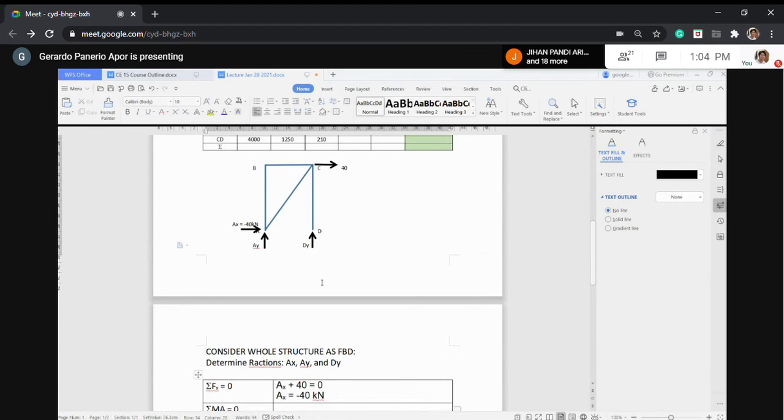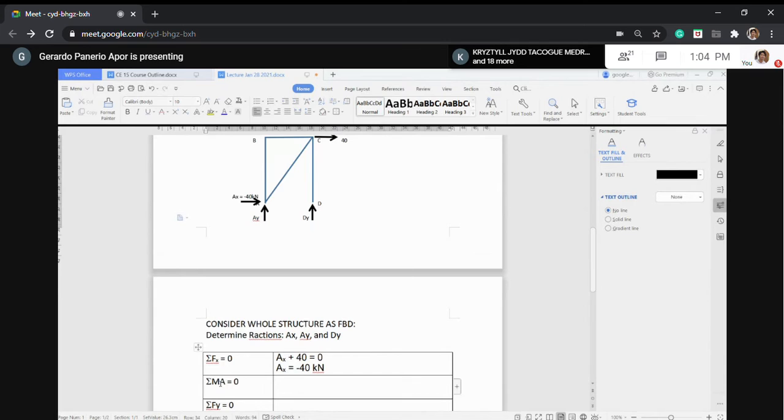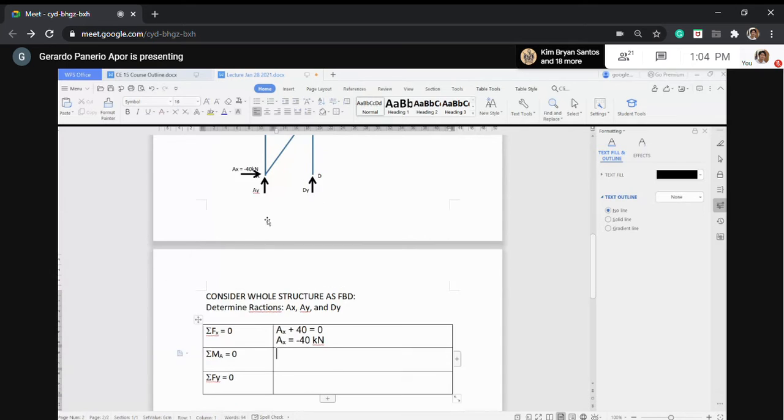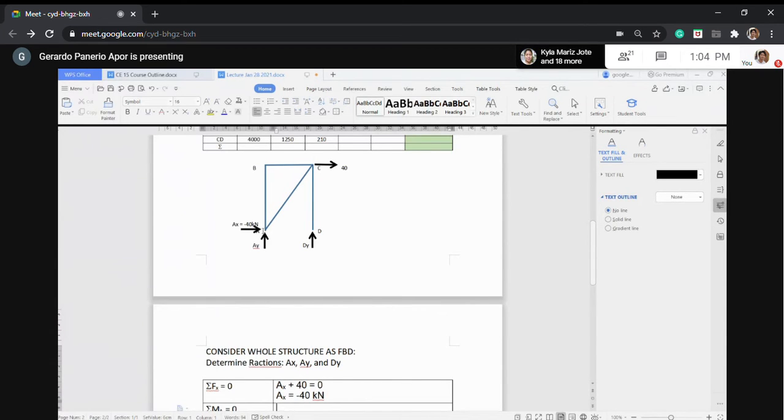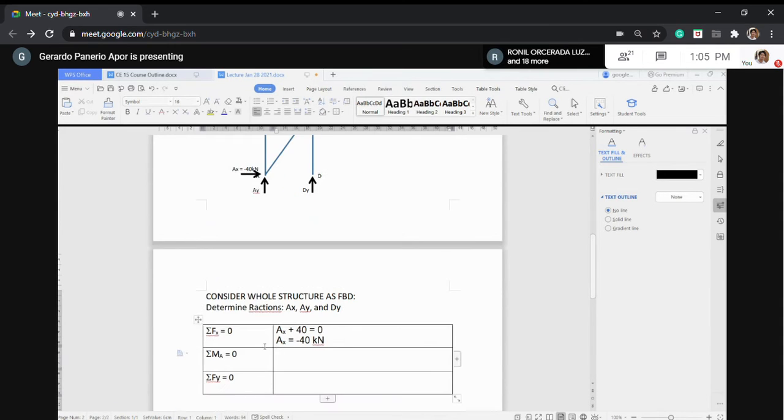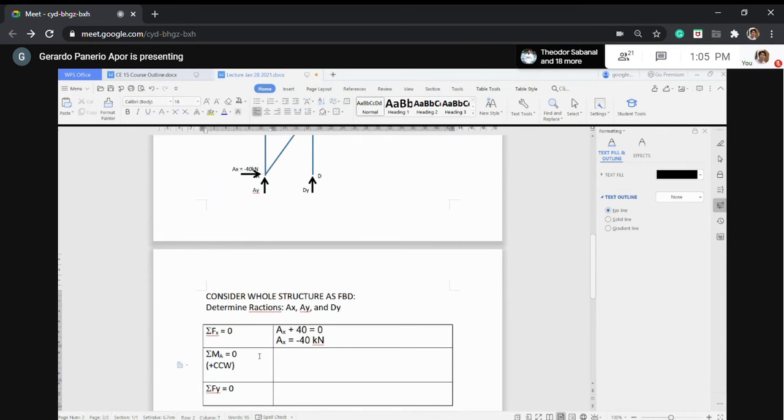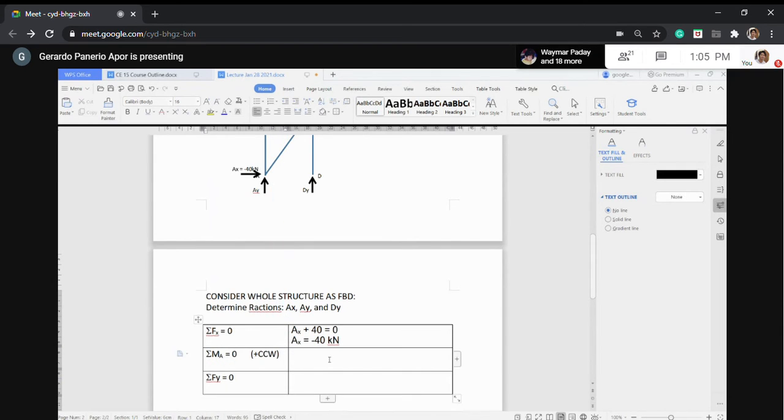Solving for DY, we sum up moment at A. If we put our finger on A, we notice that AY and AX are useless. They have no moments about A. So there are only two forces which rotate about A: the DY with a moment arm of 3 meters and the 40 with a moment arm of 4. Now we use the sign positive CCW, positive counterclockwise.